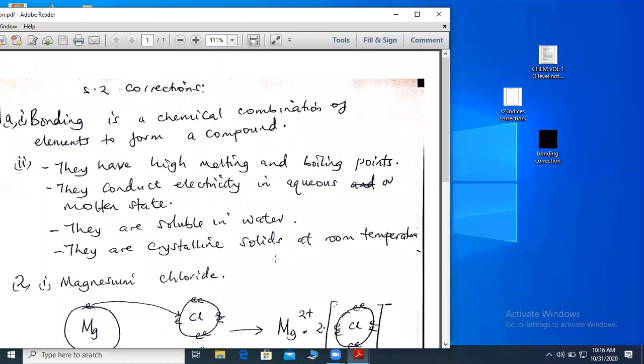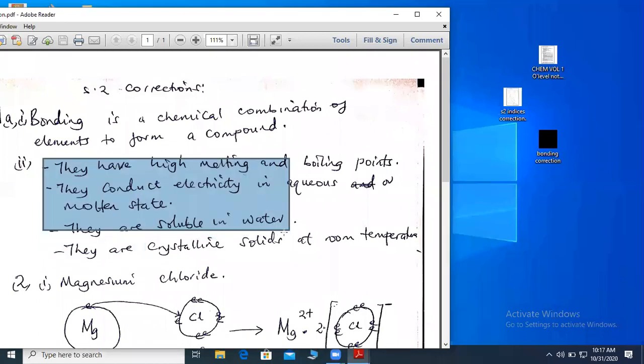If we are saying that compounds formed by ionic bonding are soluble in water, then it means that compounds that are formed by covalent bonding are insoluble in water. Now, many of you are giving only 3 and you failed to get the 4th one.